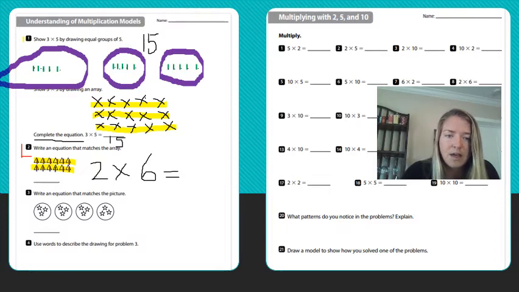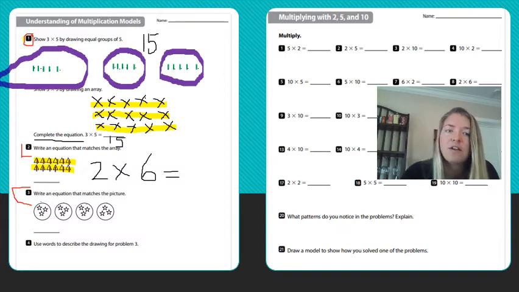The next problem, number 3, says write an equation that matches the picture. So right here I see some circles with stars inside those circles. So this one looks pretty similar to number 1 up here. So go ahead and count your groups. 1, 2, 3, 4. There's 4 circles.